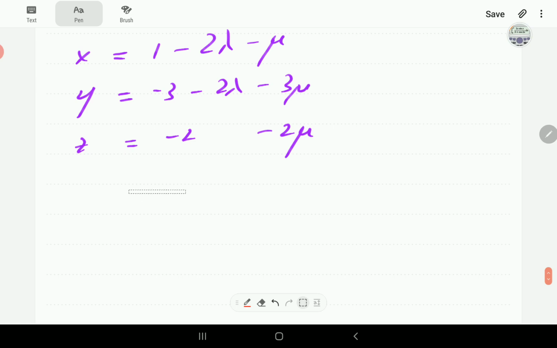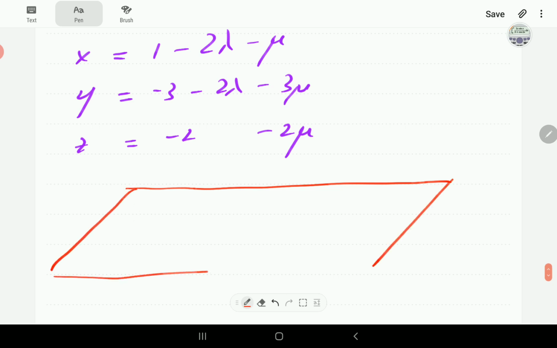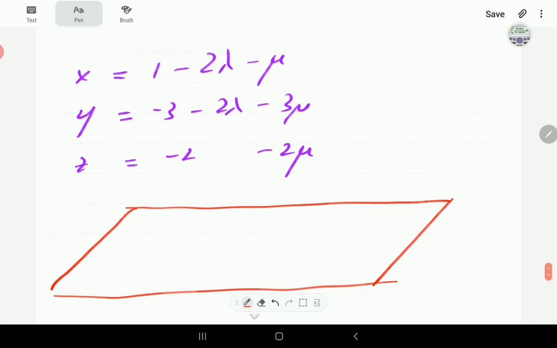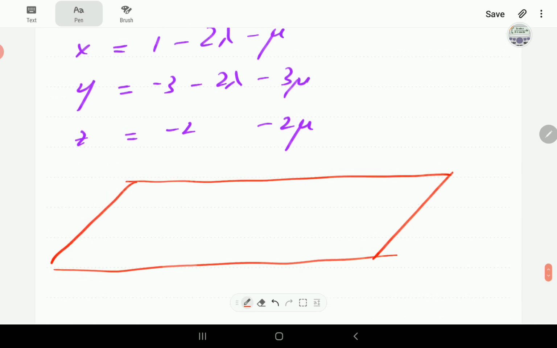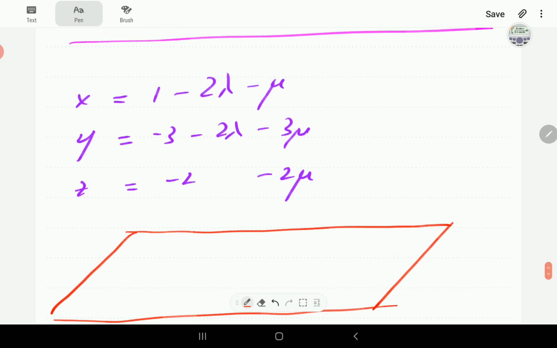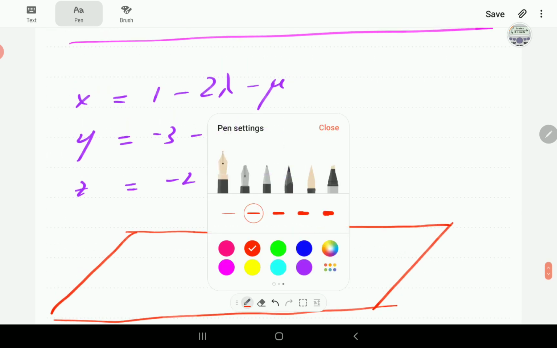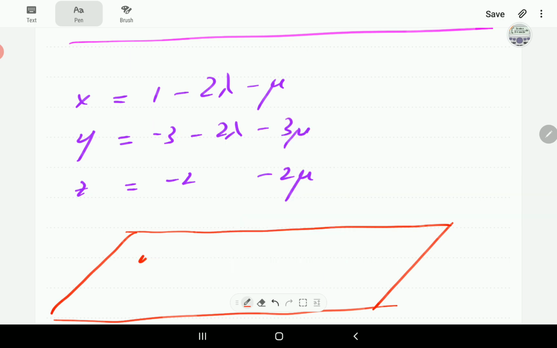So if you imagine this is our plane, when both mu and lambda are 0, this is giving us the point 1, -3, -2. Let's call that one A. So A is 1, -3, -2.